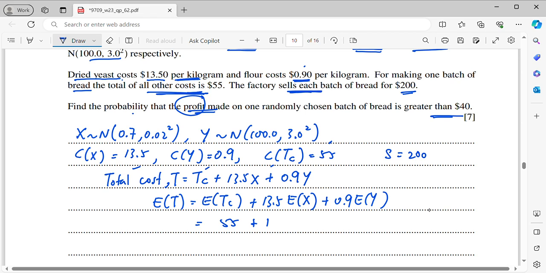Then plus 13.5 times expected X, which is the mean. This is the expected X, and 100 is the expected Y. Then from here, I will be getting times 0.7 plus 0.9 times 100. Therefore, you will be getting 154.55. That is the expected cost.